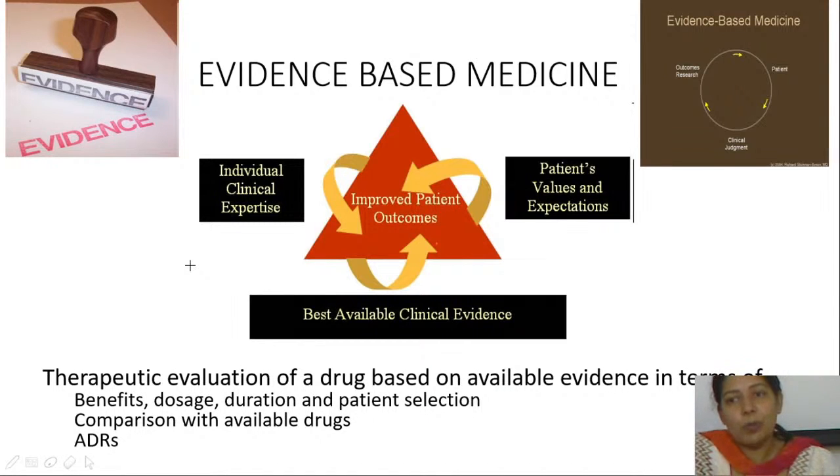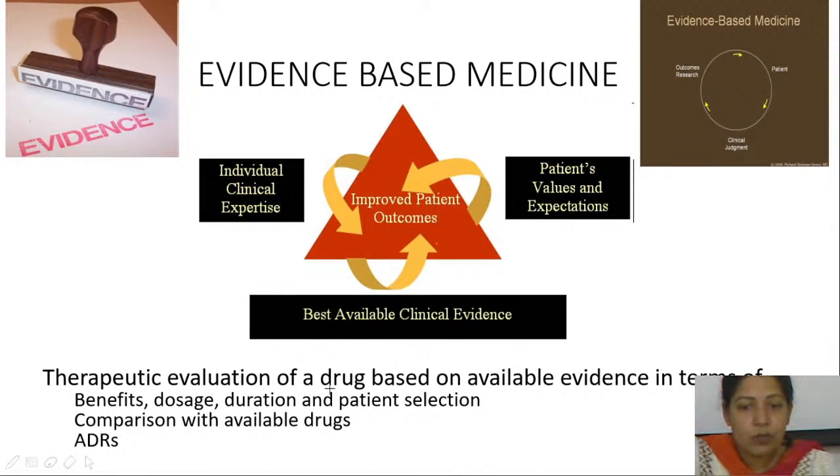What helps you to prescribe rationally is evidence-based medicine. Evidence-based medicine looks at the best available clinical evidence in terms of the literature, the research that has been done. It looks at patients' values and expectations also, and individual clinical expertise also. But the focus is on best available clinical evidence.